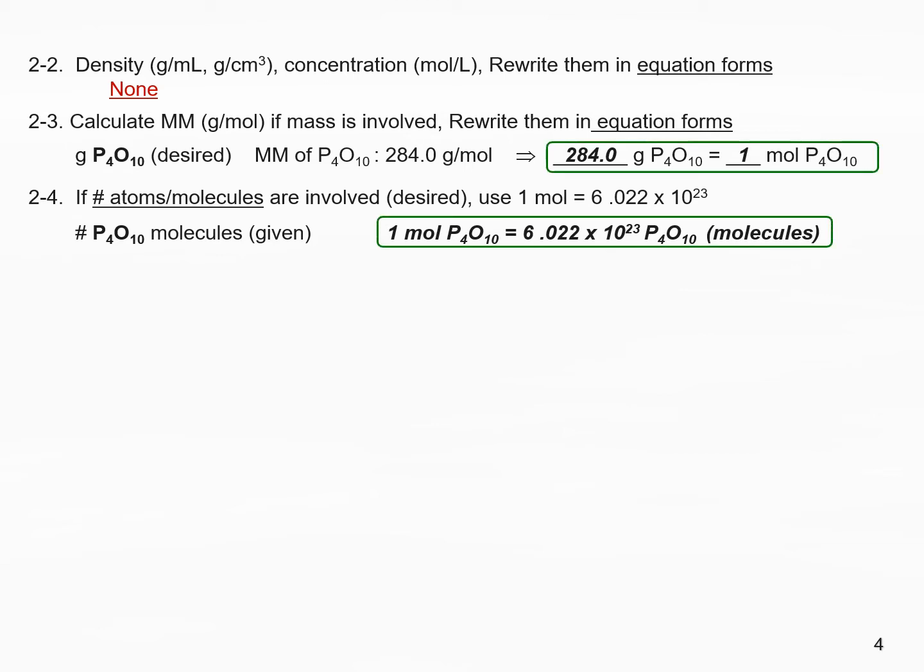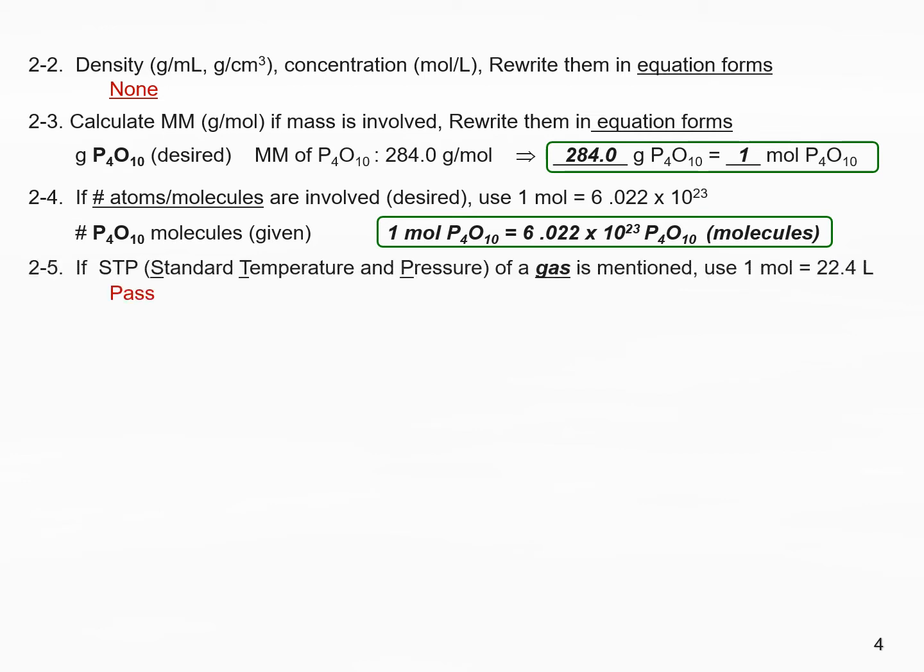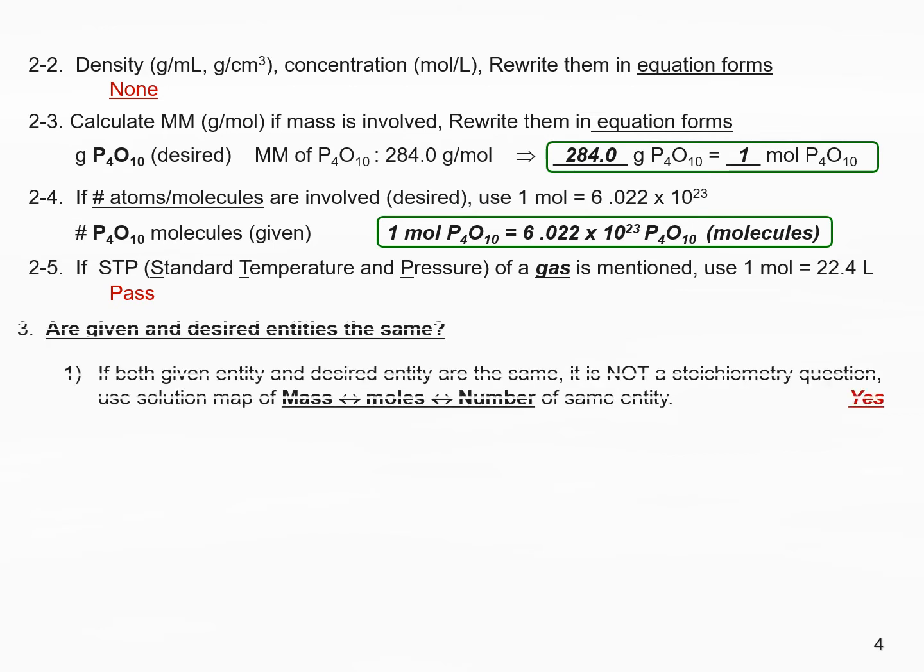At the end of this collection, we have 2 conversion factors. One is the molar mass of P4O10, the second is the definition of a mole in terms of P4O10. Of course, we skip the 5th step because that is for the gas chapter only.